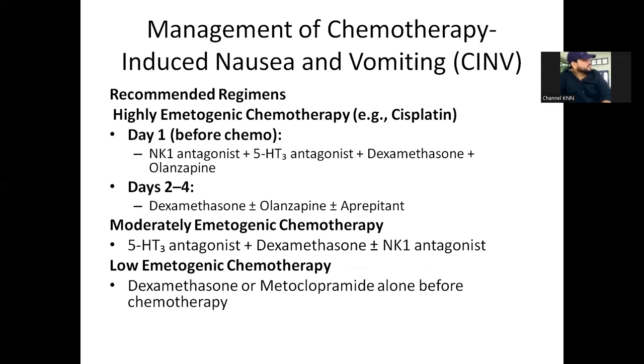Moderately emetogenic chemotherapy involves a 5-HT3 antagonist with dexamethasone with or without an NK1 antagonist. And in low emetogenic chemotherapy, dexamethasone or metoclopramide alone will be given before chemotherapy, meaning either dexamethasone or metoclopramide is given before performing chemotherapy.